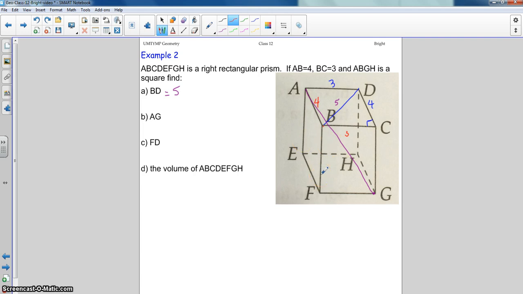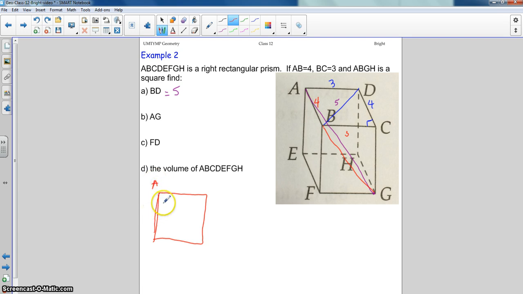In absence of that, though, I can say, well, I know that BG is going to lie on the same plane, as well as AH. So really what I'm doing for this one is I'm saying, okay, well, I know I have a square. Well, we'll get there, I guess.